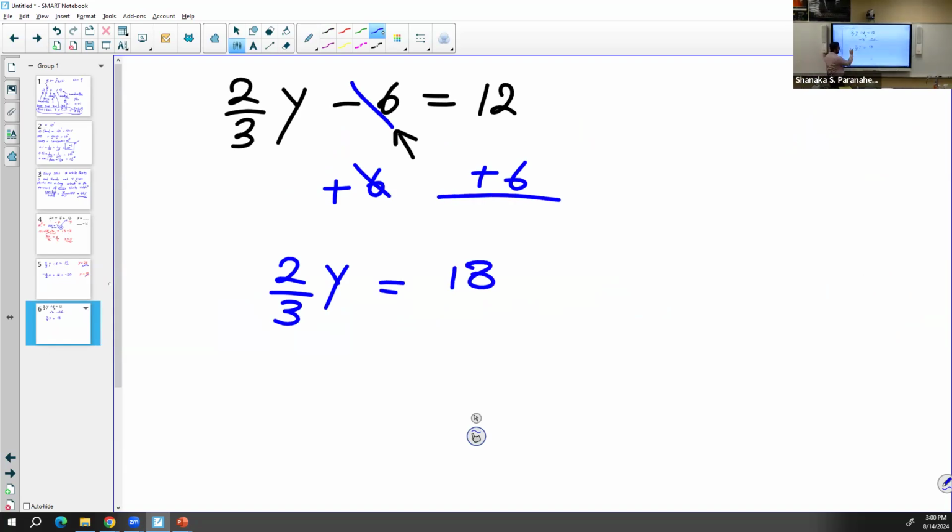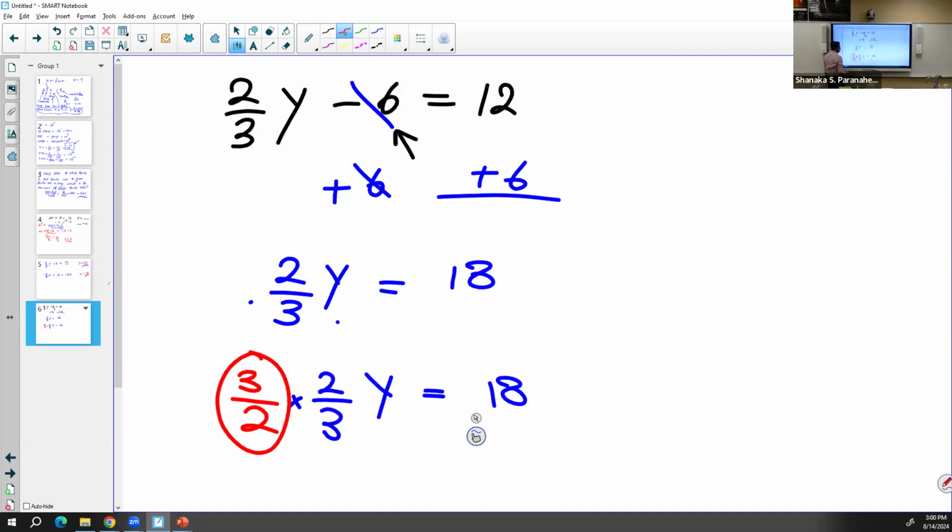So now this is our coefficient for y. This tells us it's going to multiply y by 2 and divide by 3. So we do the opposite. We are going to multiply this by 3 and divide by 2. We need this on both sides.